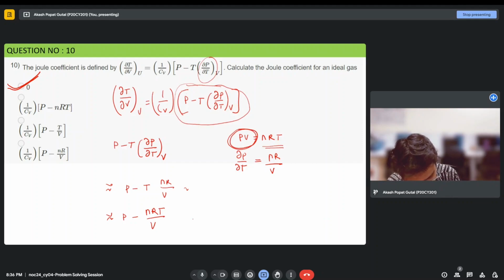So if you put PV, you will get P minus PV by V, which will get cancelled, and we will get an absolute zero answer. So option number A must be your answer.